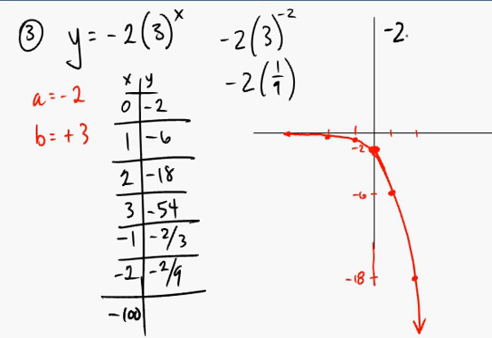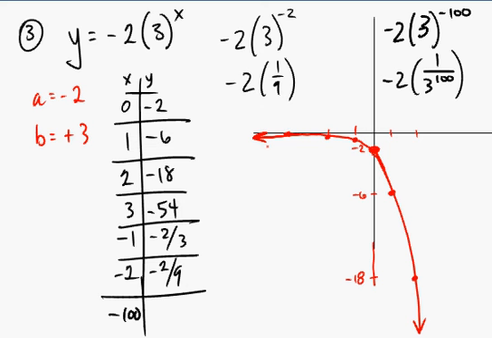You'll have negative 2 times 3 to the negative 100th, negative 2 times 1 over 3 to the 100th power, which is a negative times a positive, still a negative. So, here we go. Okay?